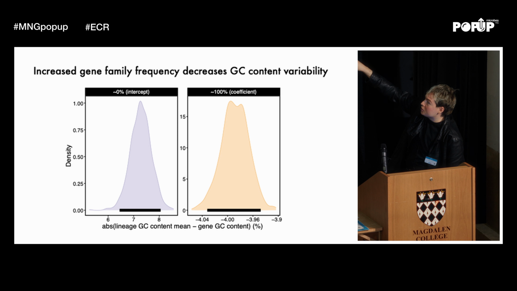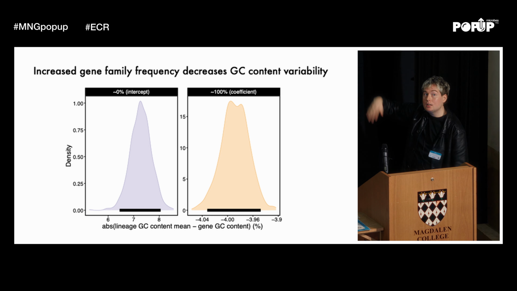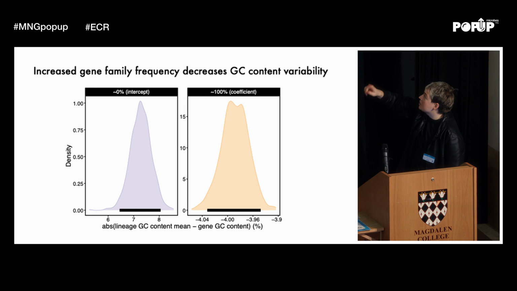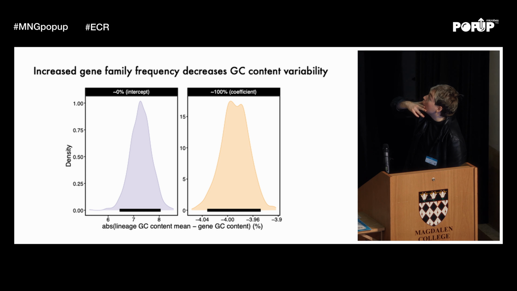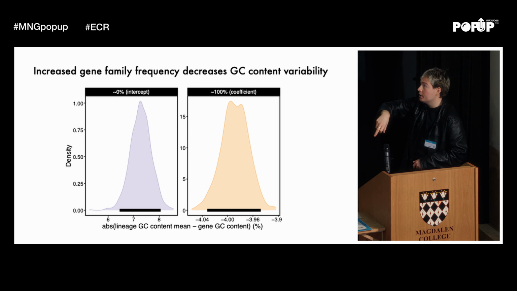And so for our accessory genes, that big explosion on the left, they're around 7% away from that, right? There's this great massive spread in GC content for our accessory genes. But as we drift towards the right-hand side, when we're dealing with these backbone genes, we're seeing them only be about 3% away from this average. So what we're seeing is this effective convergence towards this lineage-specific average.